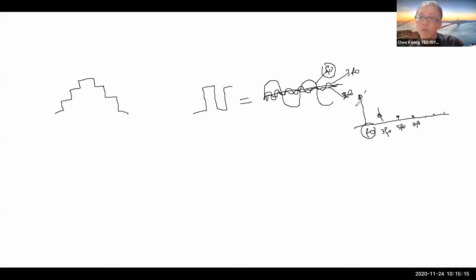Now, if you want to recover this fundamental frequency, which is a sine wave, all you need to do is put a low pass filter here and suppress all the high harmonic frequencies. So all of this will be suppressed away, and what you are left with is your single frequency.